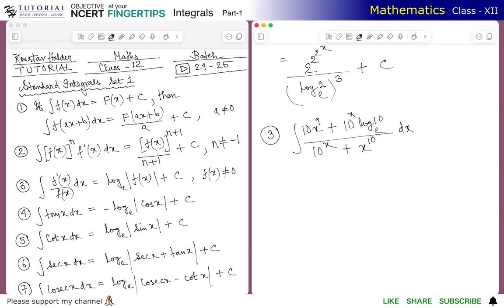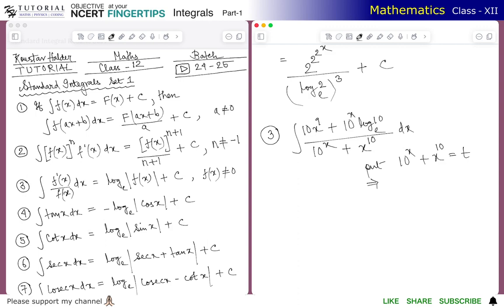My initial thought is to check what becomes the differentiation of the denominator if I put 10 to the power x plus x to the power 10 equals t.